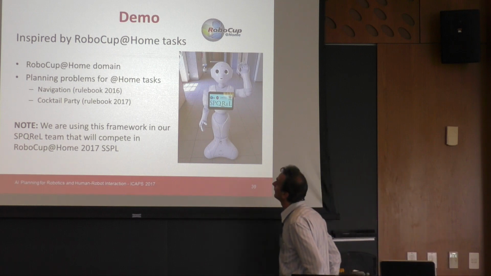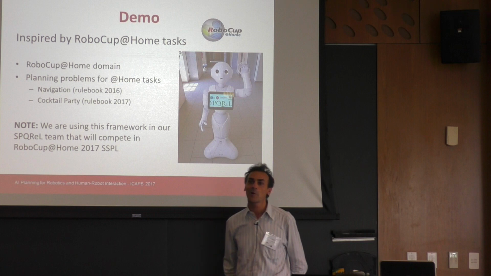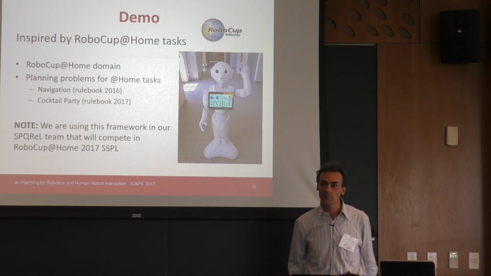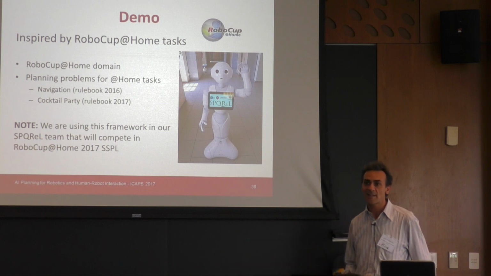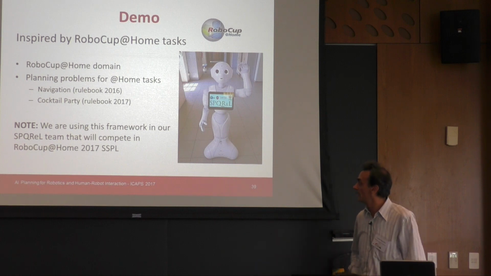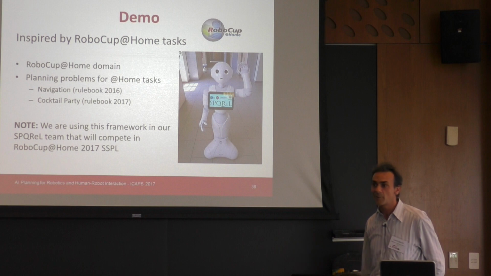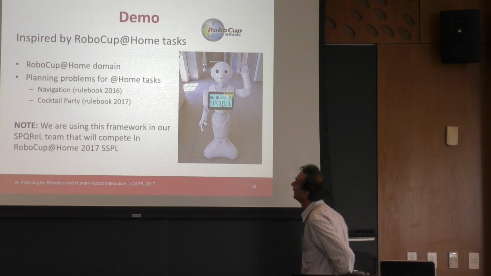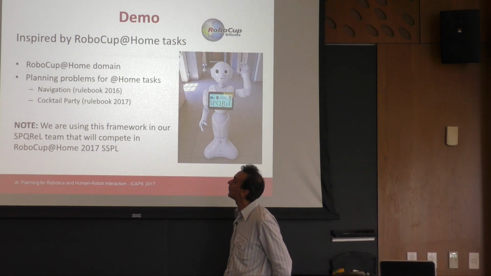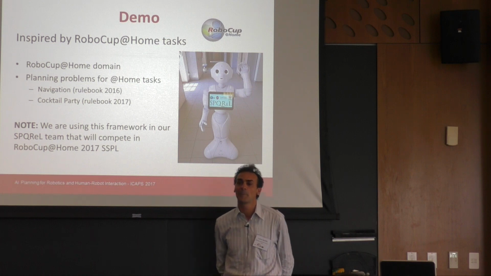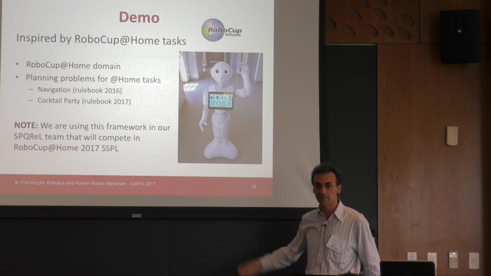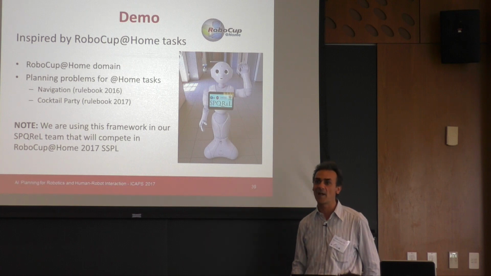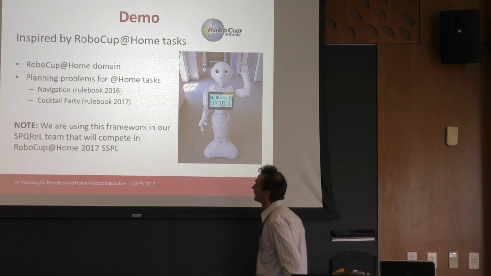And so we get inspiration from the RoboCup at Home domain. RoboCup at Home is a competition in which robots have to execute tasks for assisting people in an environment, for example at home. And we took a couple of problems from the RoboCup at Home rulebook, and we defined the domain and the plans from these problems.